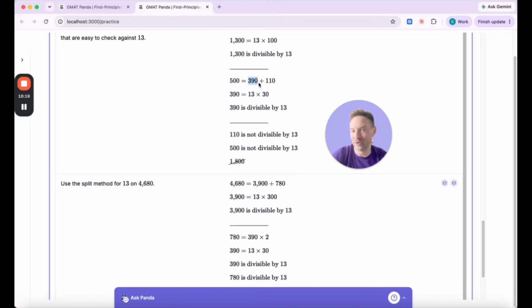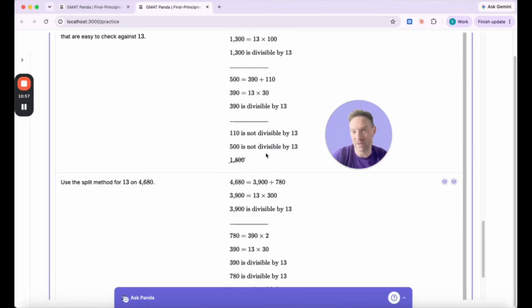So again, I know that 390 is going to be divisible by 13. And then we're left with 110. Is that divisible by 13? Well, it's not, right? Because I know that 130 is divisible by 13. And if I remove 13 from that, I'm going to get 117. So I can rule out that number that way.